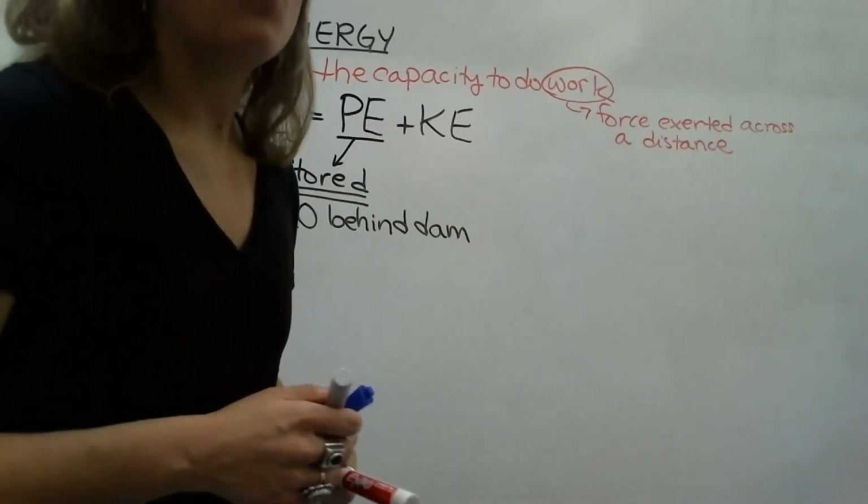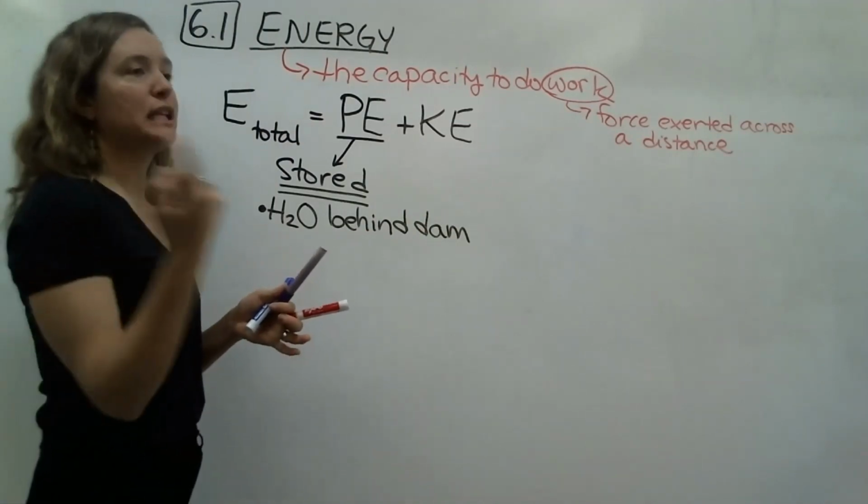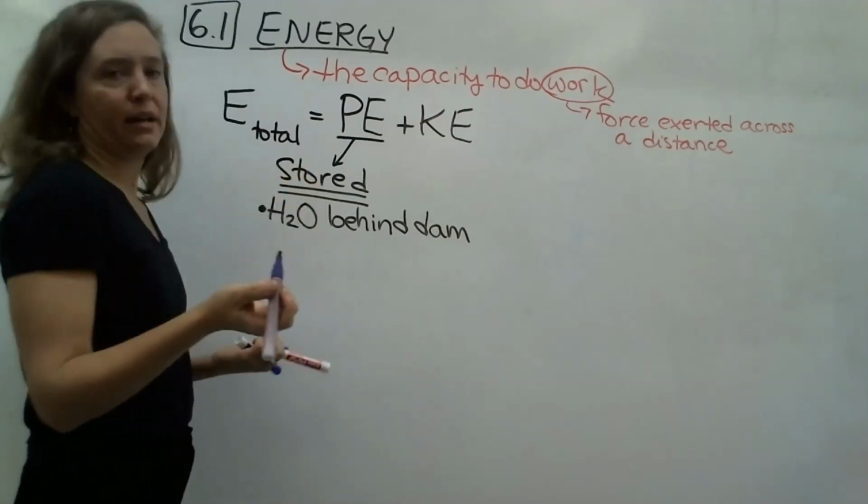And when that water is released through the dam and it turns a turbine to generate electricity, that is then kinetic energy.